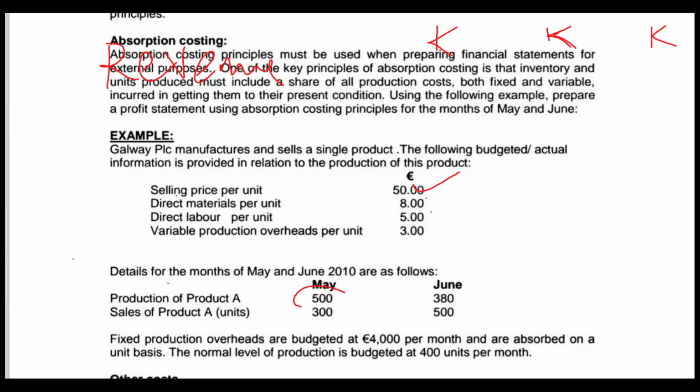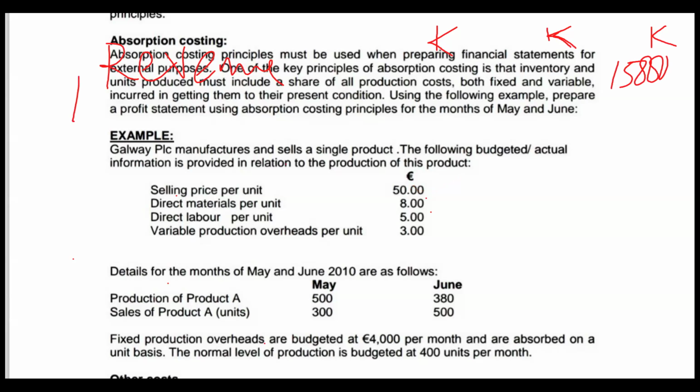And how many units were sold in May? 300. So you say 50 times 300. What do you find? That should give you 15,000, right? Yeah, that gives you 15,000.